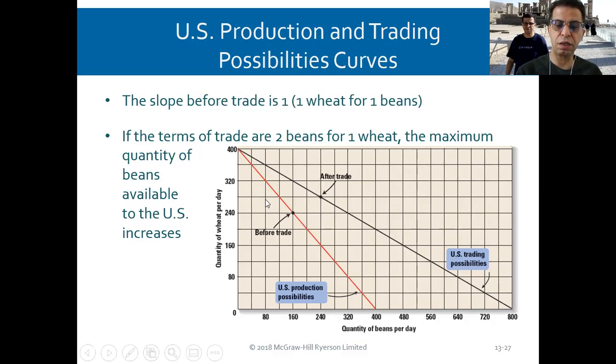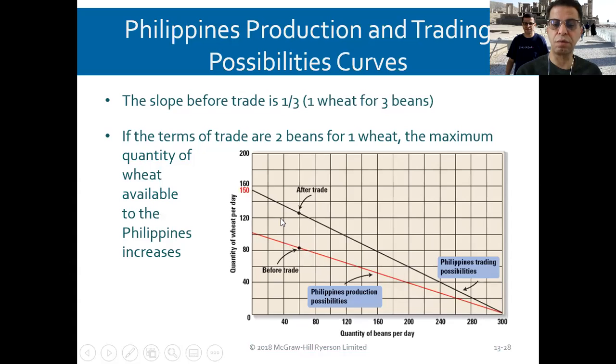So they sacrifice 80 and they gain 80 beans. And in this case, they sacrifice not 80, they sacrifice 50 and they gain 80. So after the trade there is a shift out of production for them. So there is a better situation for the Philippines also.